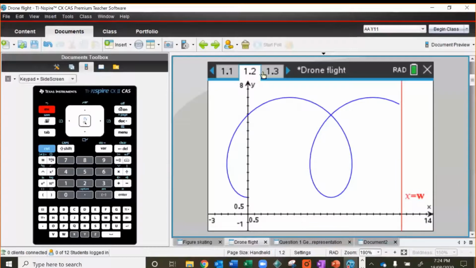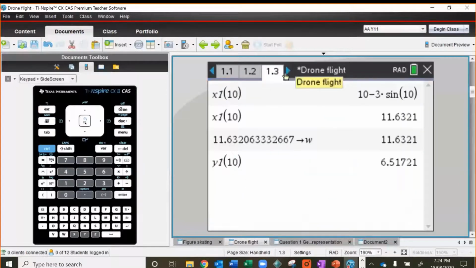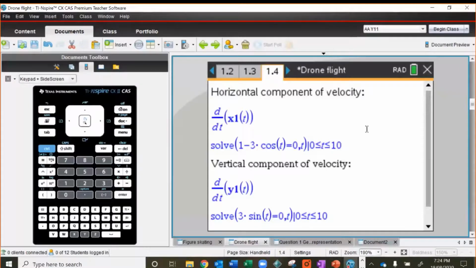So let's move to the next one, where I actually prepared it in notes pages. As previously, if I differentiate x1 and solve for the horizontal velocity component equal to 0, then I can answer the first question.